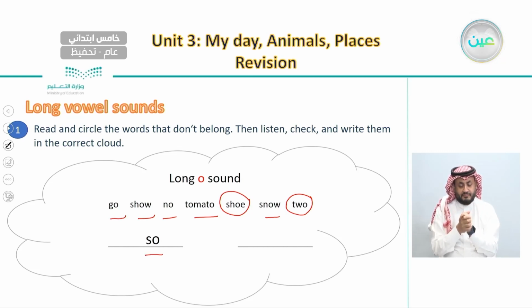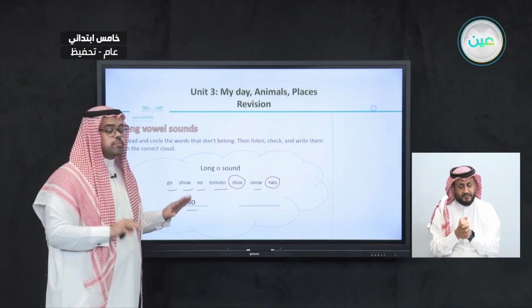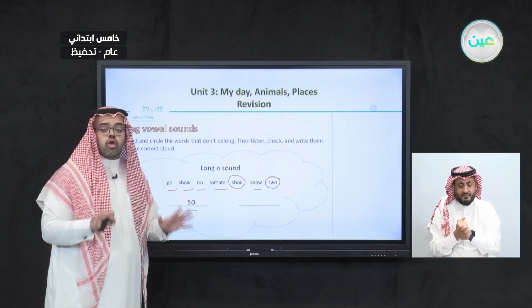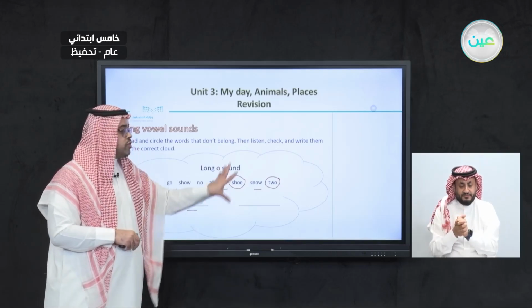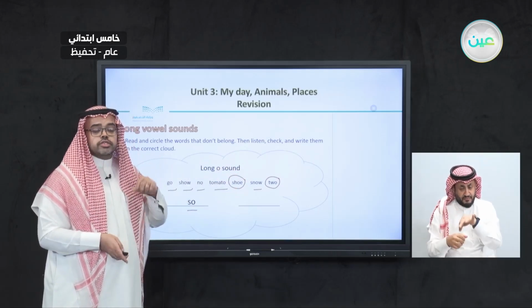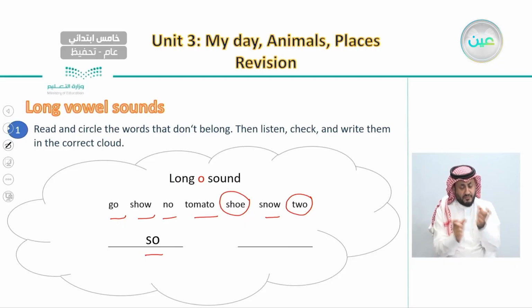So the words shoe and two, we circle them because they do not belong to the long O sound. So we take these two words and we add two words, which are so and toe. So here, with the long O sound, we have more words.